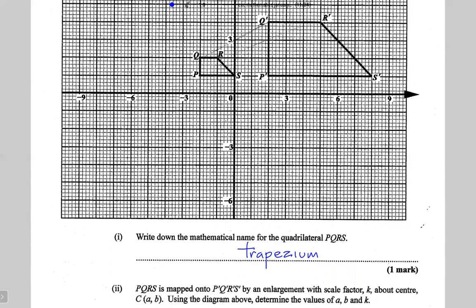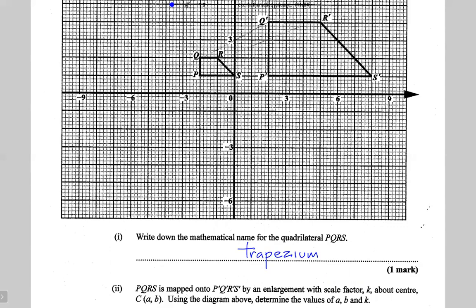Then we're told that PQRS is mapped onto P prime, Q prime, R prime by an enlargement with a scale factor K about the center AB. Using the diagram above, we're to determine the values of A, B, and K. Now, AB would be the center of the enlargement.